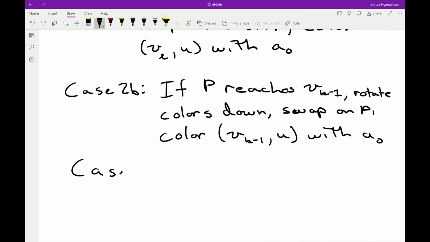So moving on, case 2C. So here essentially is the else case.